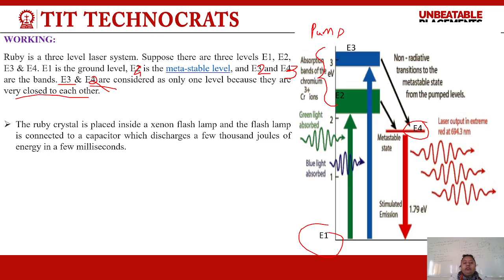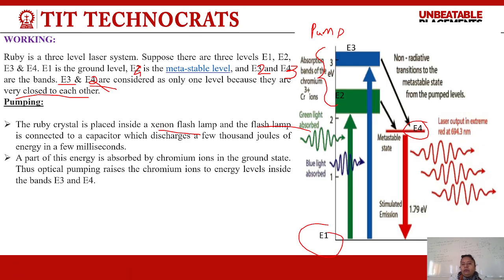Okay, so now next step: how in this ruby laser are the pumping, the metastable state and the population inversion achieved? As we place the ruby crystal inside the xenon flash lamp and we start the flash lamp, a number of white light photons are incident over this ruby crystal.